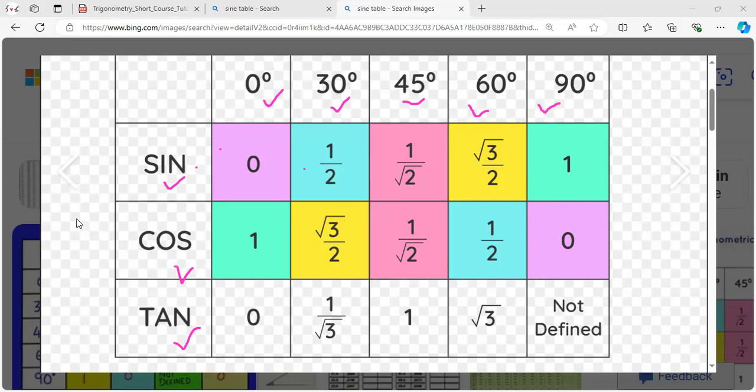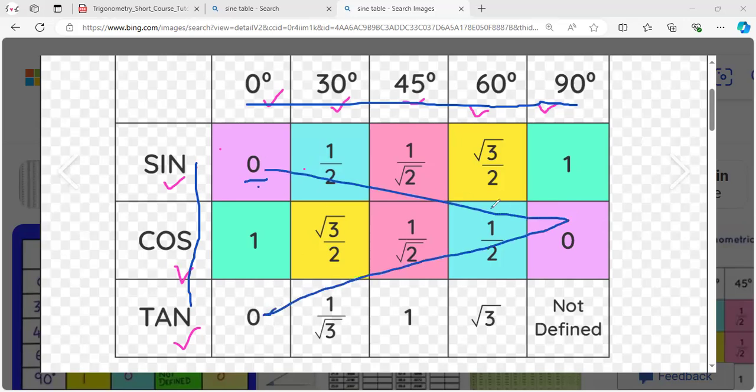Okay, let me show you one pattern here. Actually, you can easily remember. You can see there are 5 columns, 0 to 90 degrees, and there are three rows here. If you create a triangle like this blue triangle, here you can see sine 0, cos 90, and tan 0 are always in the 0th position.